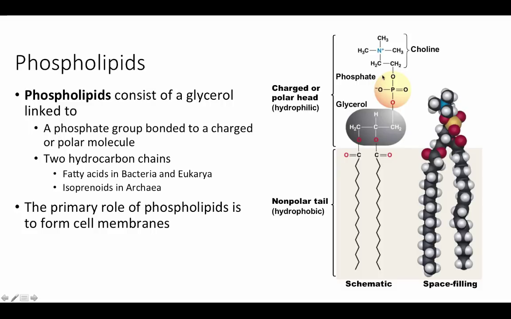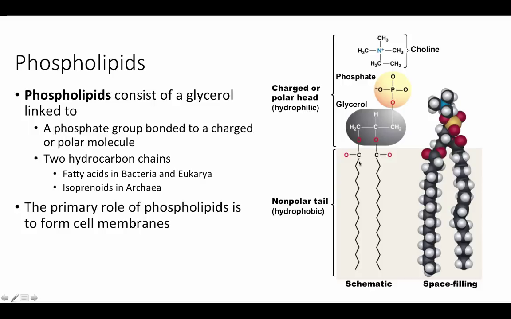So we see here choline, and it's got a positive charge interacting with that negative charge on the phosphate group. So what does that mean? That means that this part of our phospholipid is highly polar. We've got completely charged molecules interacting here. Very, very polar. We've got lots of carbon-oxygen bonds in this region.